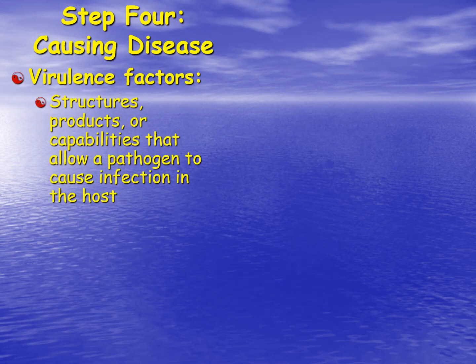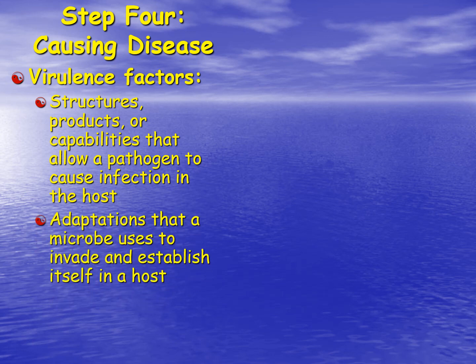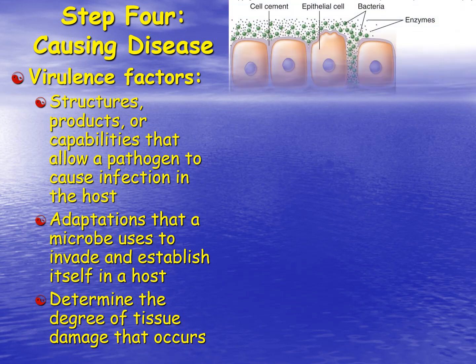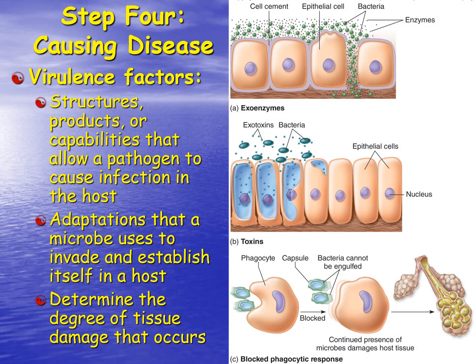Virulence factors are structures or products or capabilities that allow a pathogen to cause infection in the host, and adaptations of these virulence factors that a microbe uses to invade and establish itself in a host. Virulence factors determine the degree of tissue damage that will occur. And so there are several different things that organisms can produce.